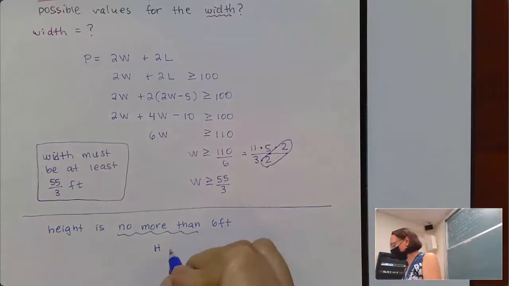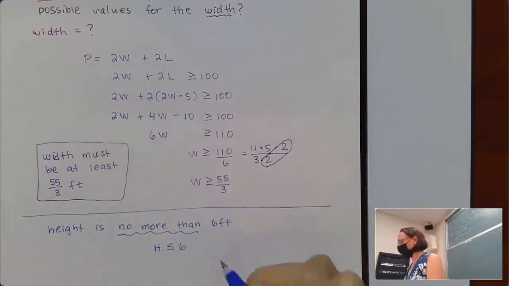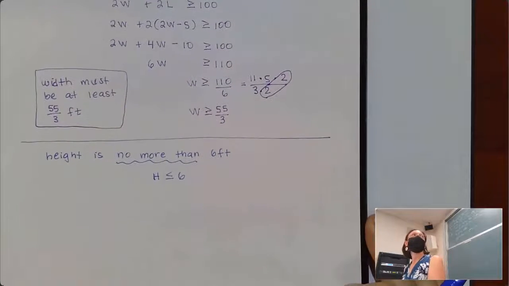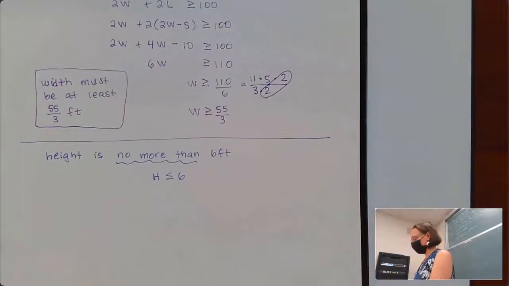So I would say that the height was less than or equal to 6. So at least and no more than, I think greater than and less than are probably straightforward. We're just going to write the greater than or less than symbol. But I do think that no more than and at least are the two that are sort of the trickier phrasings of things.